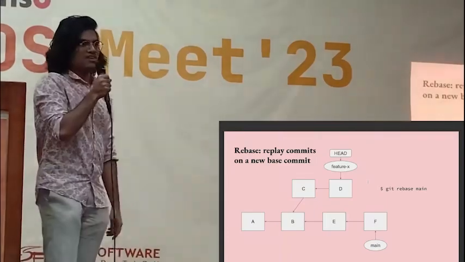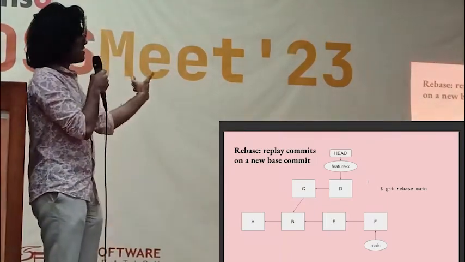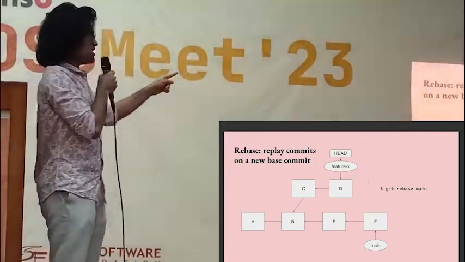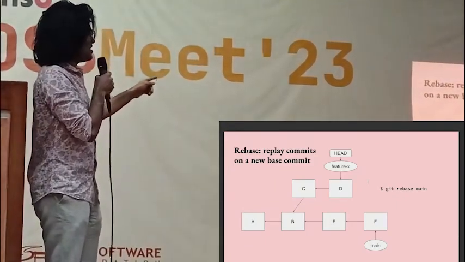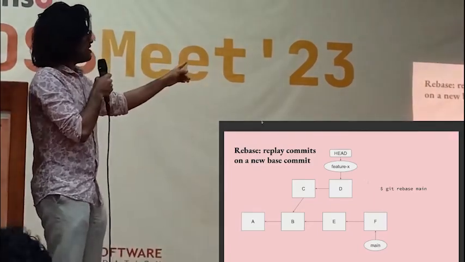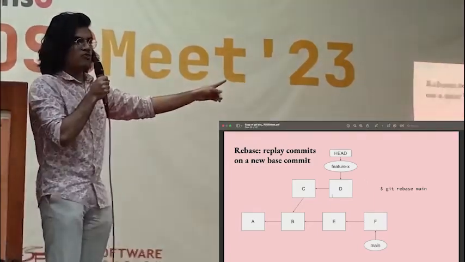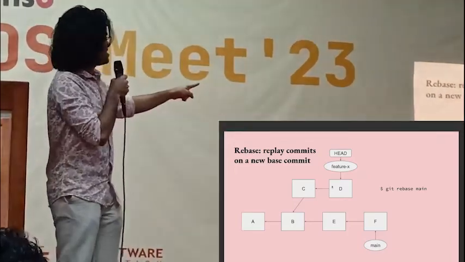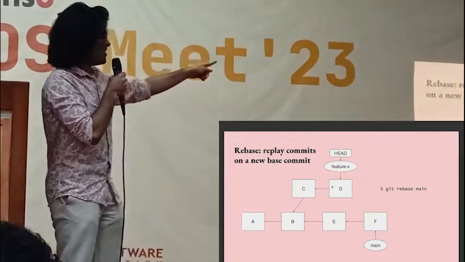What we are trying to do here is replay commits on a new base commit. So that's what happens when you run git rebase main. It says, take the commit objects C and D and replay them on top of a new base, and our new base is main. So we can replay C and D on top of F.